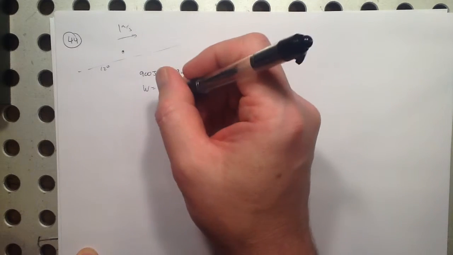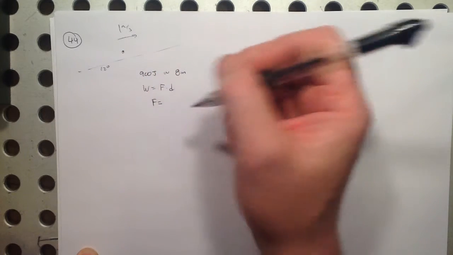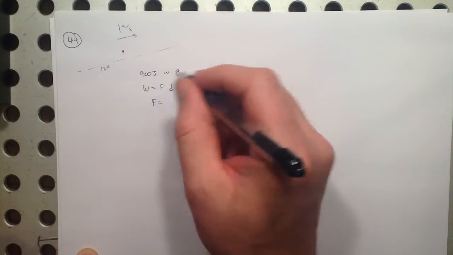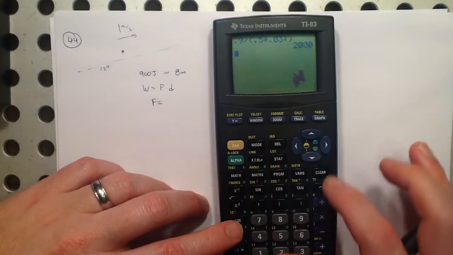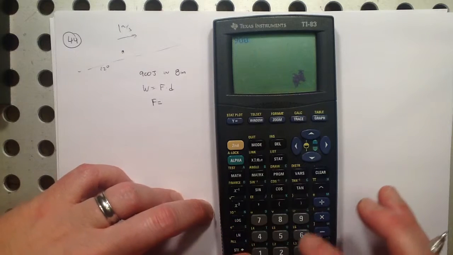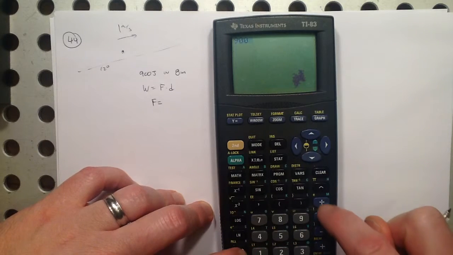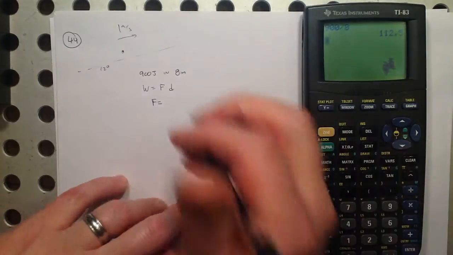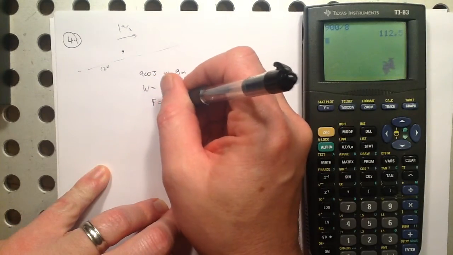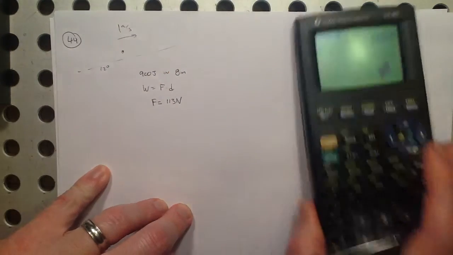That would be the force from the rope: 900 divided by 8, which is 125 maybe? Oops, not quite. But let's say 113 newtons.